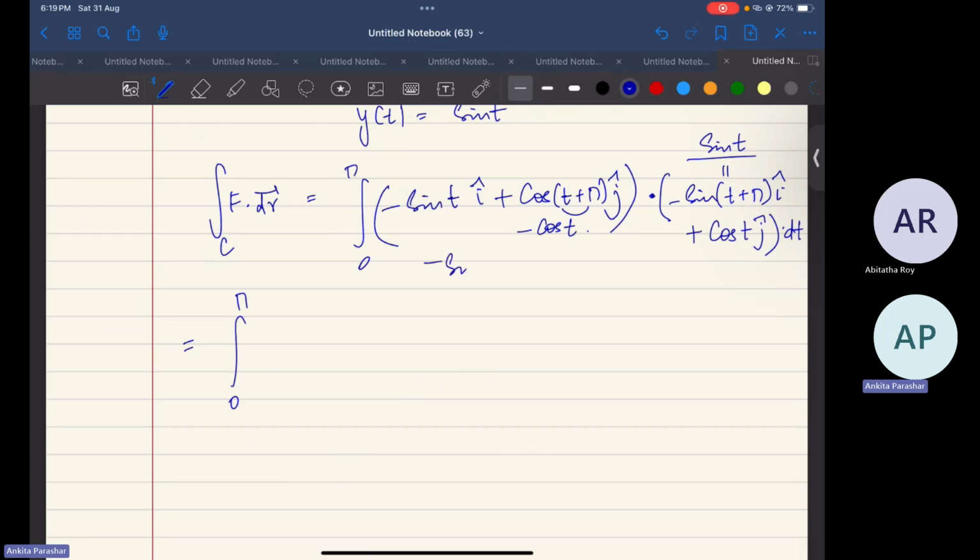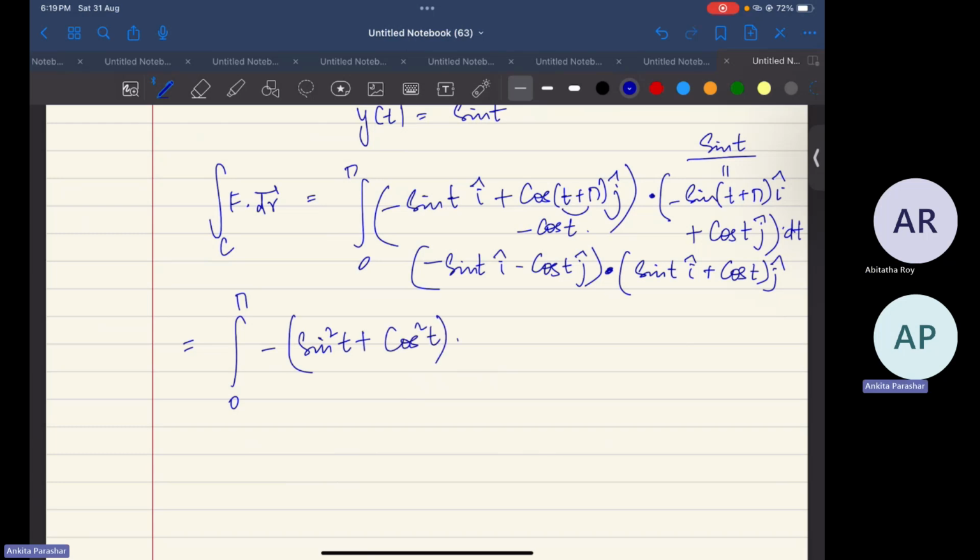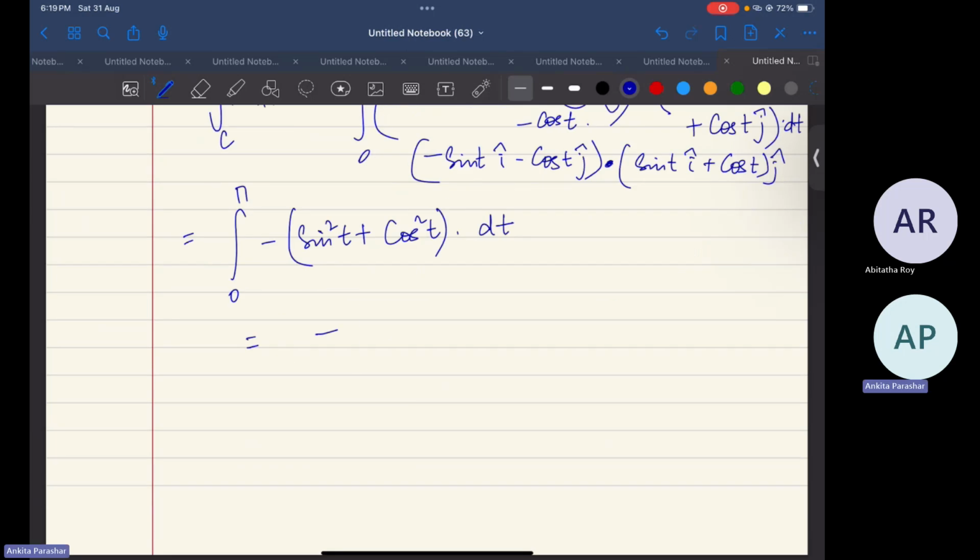So finally this is minus sine t i cap minus cos t j cap, and this is sine t i cap plus cos t j cap. If I take the dot product, this is nothing but minus sine square t plus cos square t, and then there is a dt. So minus dt from 0 to pi, as you said, this is minus pi.